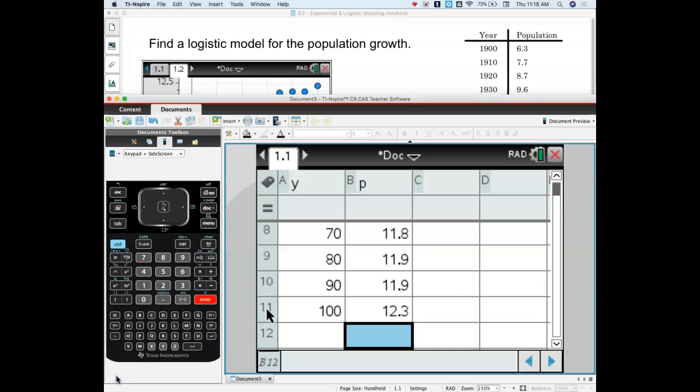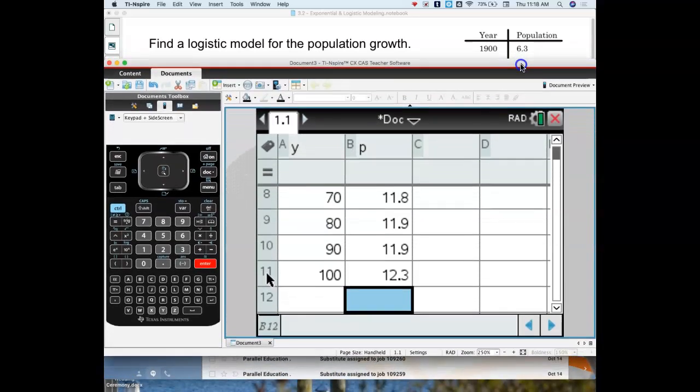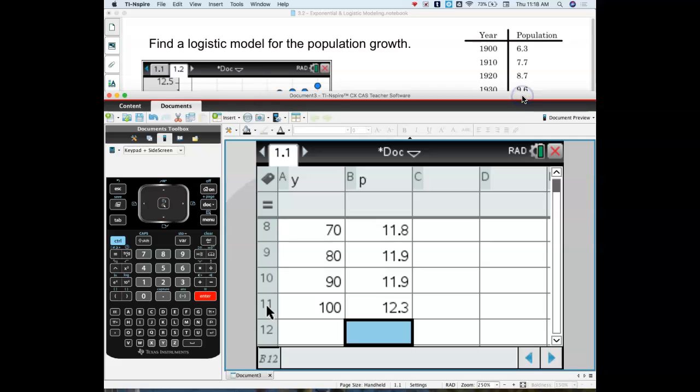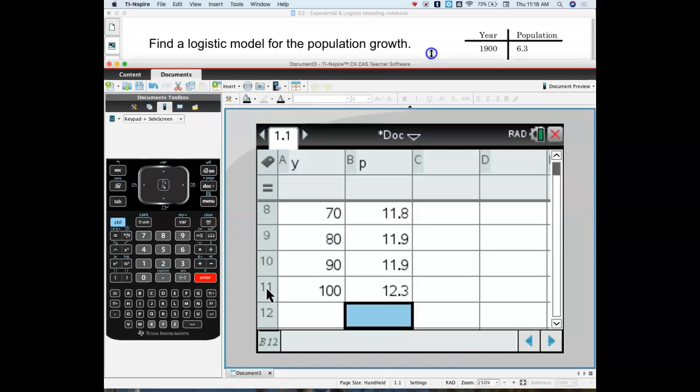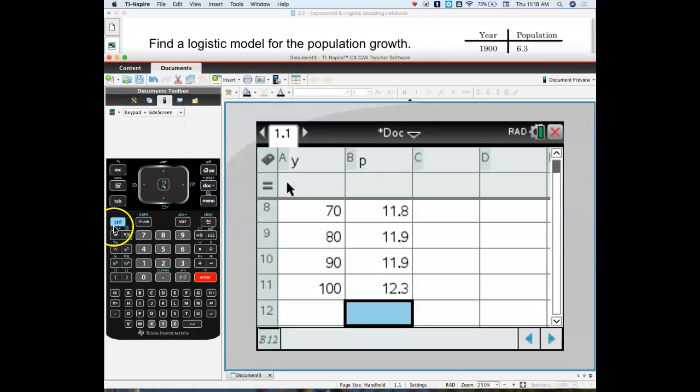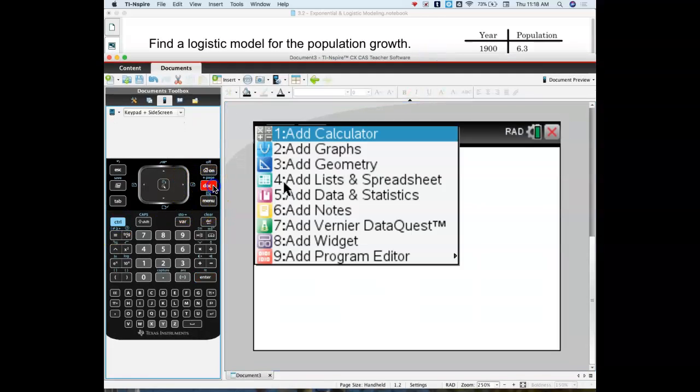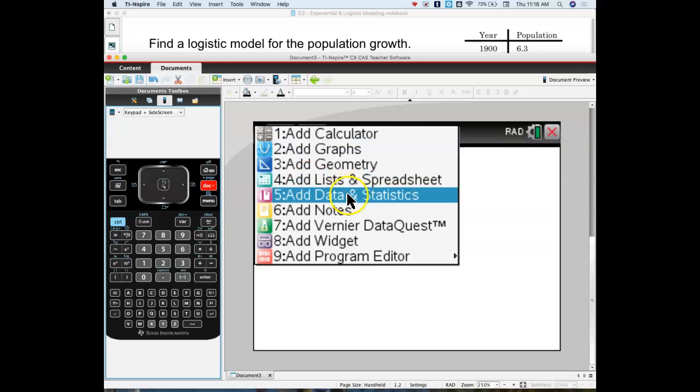Okay, so you got all the data inputted now. Now I would like to create ourselves a scatter plot to go along with that. Most of you do a scatter plot by starting a new page, and then you go into data and statistics.